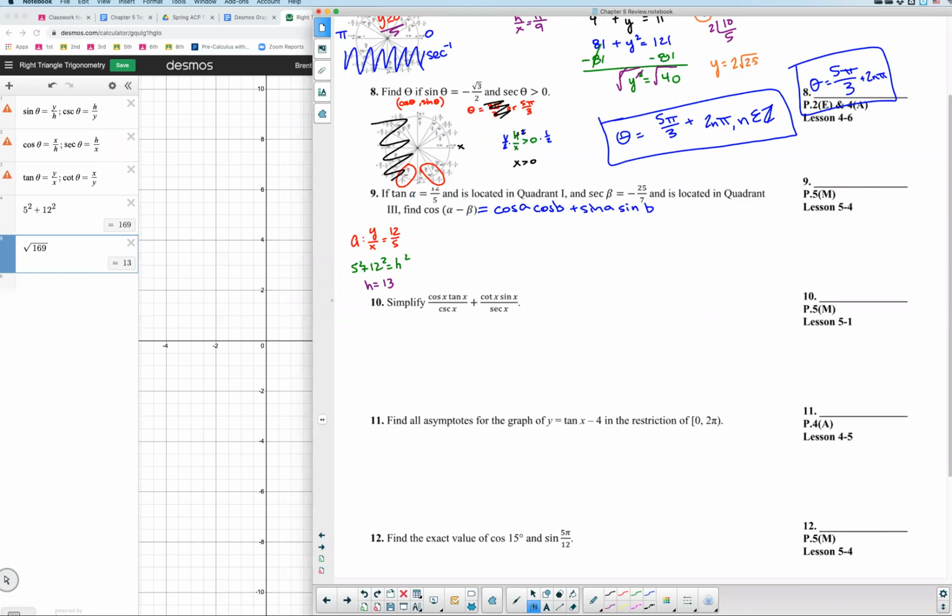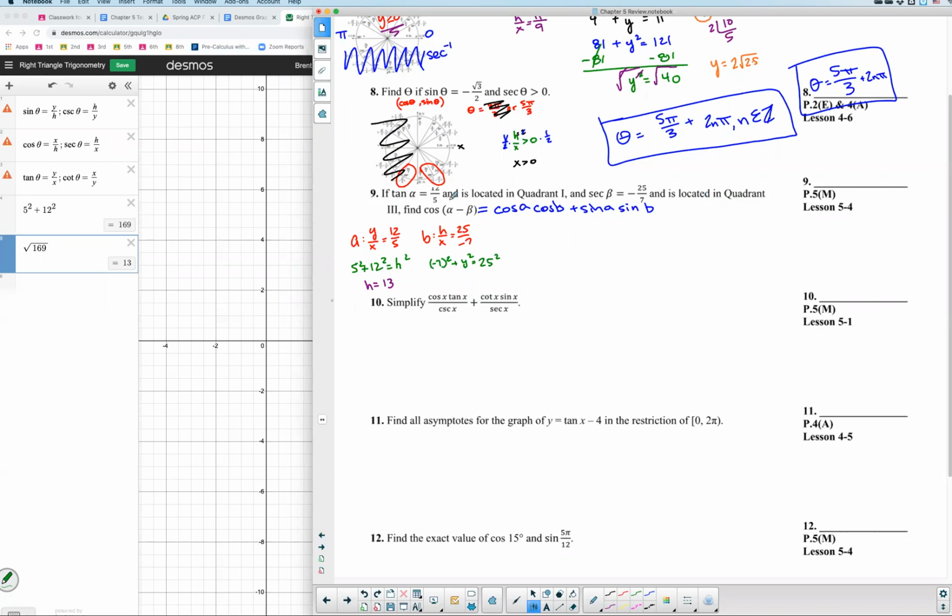Now for beta, they're giving me secant. Now secant is h over x, and h is always positive. I just realized I wrote that wrong, I meant to write a colon here. H over x, and h is always positive. So I'll put the 25 as being positive, the x as -7. What that means is if I need to find my y value, I would take my -7 and square it, plus y squared, and that will equal my hypotenuse squared, which happens to be 25.